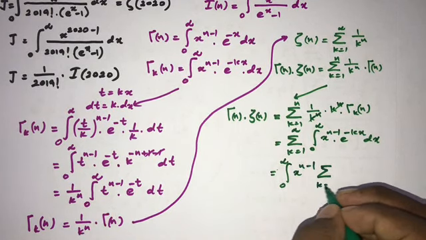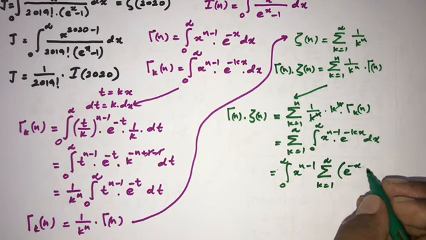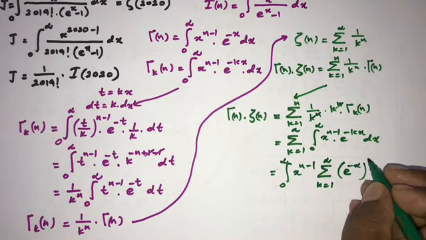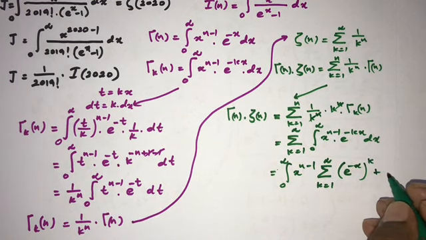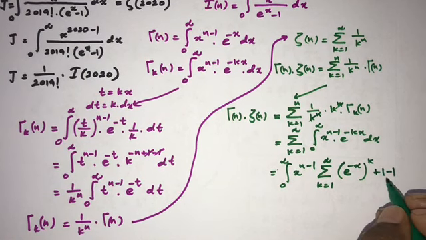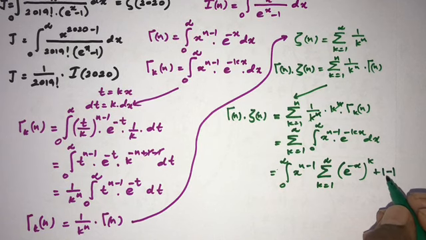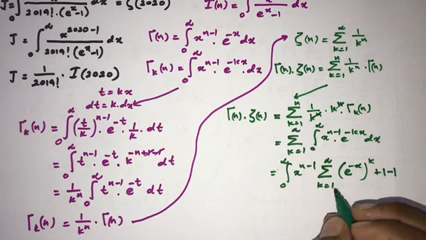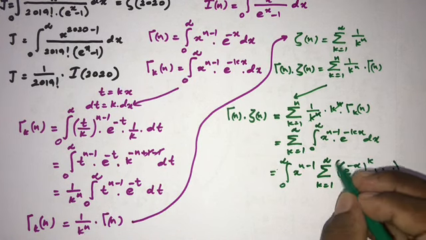times the sum from k equals 1 to infinity of e to the minus x to the k, dx. I'm going to take plus 1 minus 1 because now I'm going to start from k equal to 0.